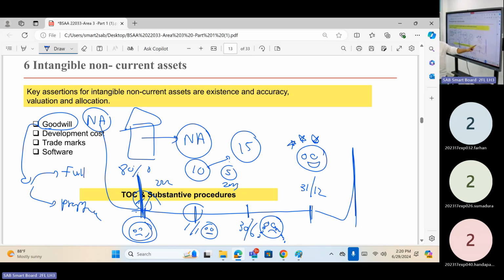So now we have to work backward to calculate the post-acquisition reserve and the pre-acquisition reserve. Stated capital in the books plus pre-acquisition reserve is the net asset as at the acquisition date. That should be compared with the consideration.